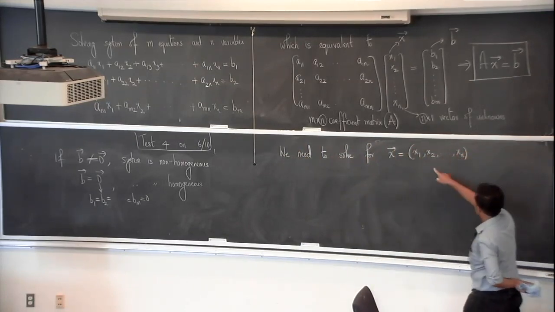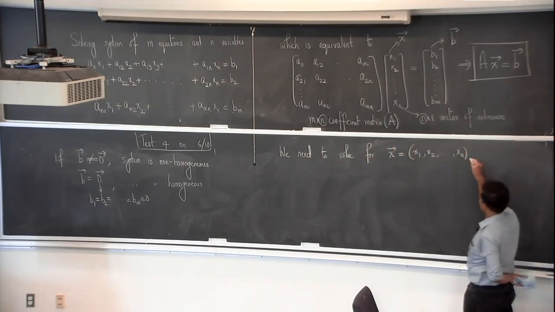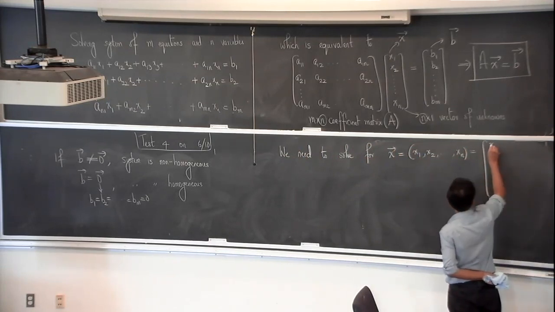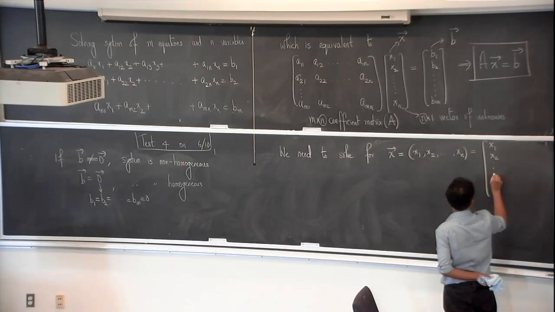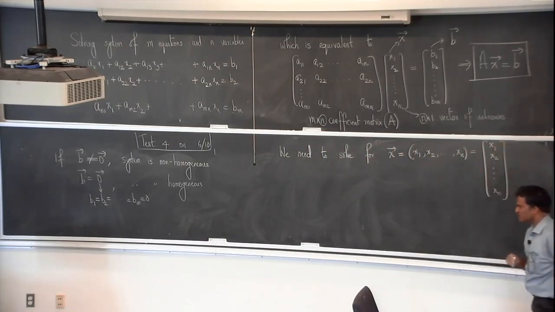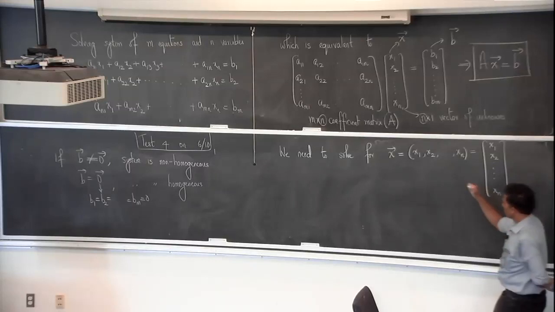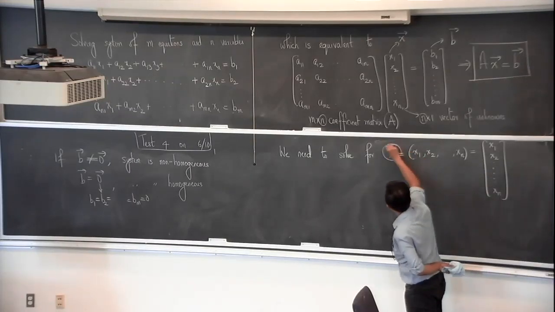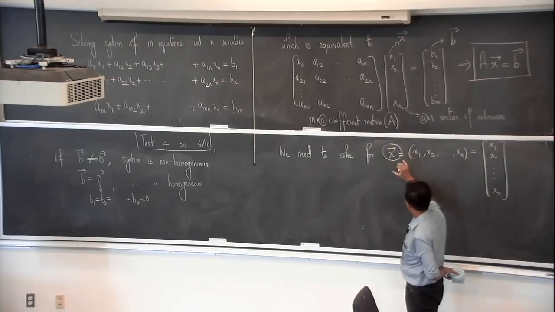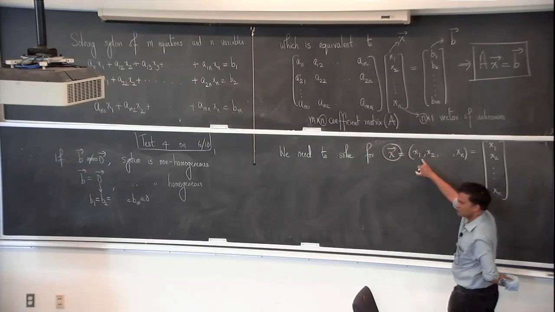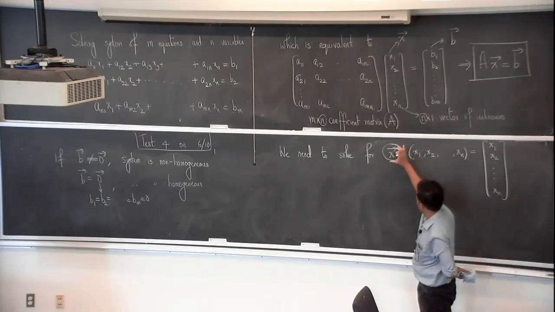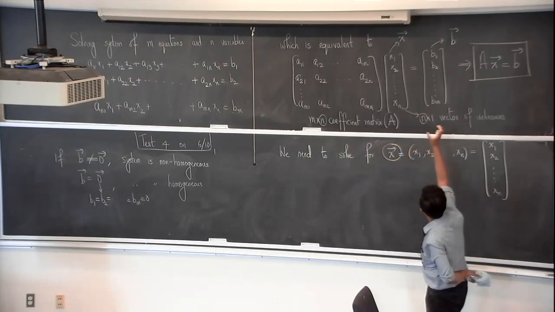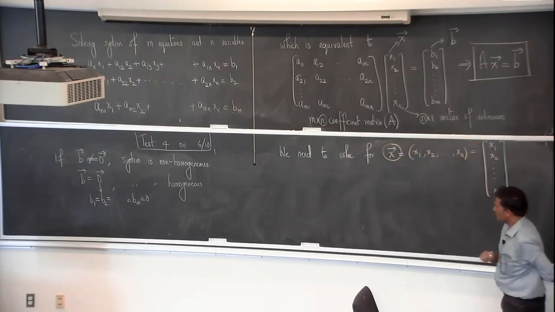Some textbooks write it like this to save space. That's the same as writing it as a vertical column, x1, x2, x3, xn. Those are the same notations. And when you say how many solutions are there, it actually means this one vector. You don't really count each component as a solution. So how many solutions are there means how many vectors x would satisfy that system. That is what it means in linear algebra.